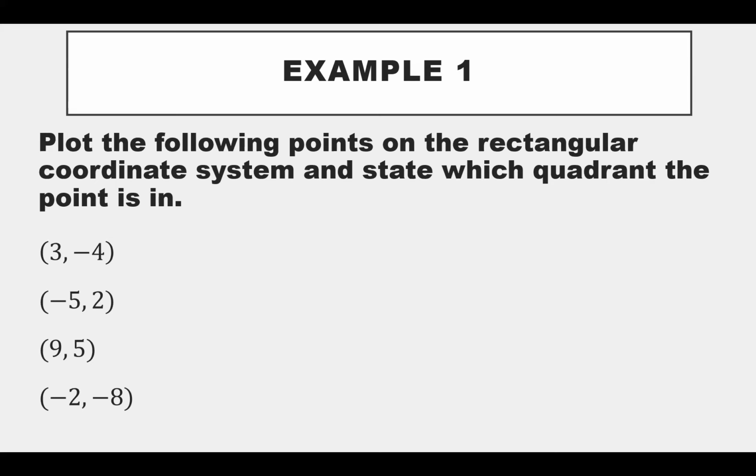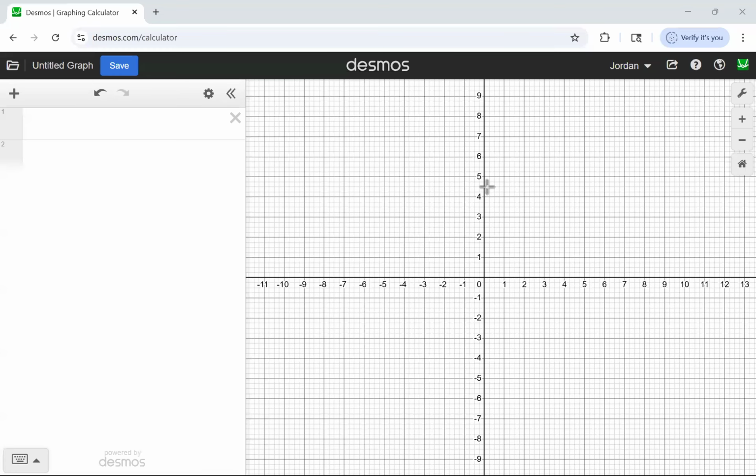Let's go ahead and plot these on the rectangular coordinate system. Now I have Desmos pulled up and it has a nice built-in rectangular coordinate system grid already on it. You can use other grids as well, but I'm going to plot on this.